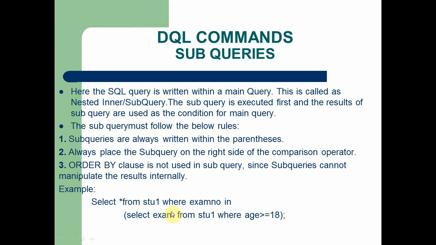When we execute this, the inner query executes first and gives the values to the main query's WHERE clause. It means this query will select exam numbers from student 1 where age is greater than or equal to 18, and give all the results to the main query. The main query will display all the fields of the students whose exam number matches.